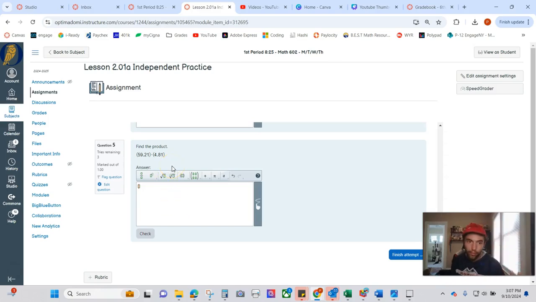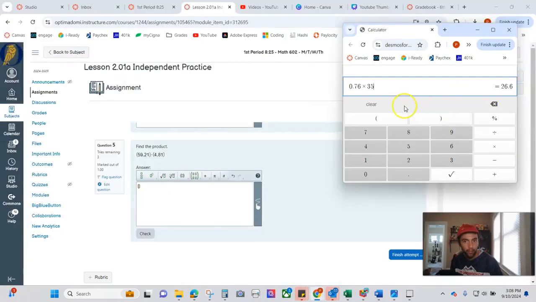Last question, question 5. I'm not going to show how to do the standard algorithm for multiplying decimals for this question. If you want a step-by-step, go back and watch question 1. All 6th graders in the state of Florida are allowed to use a calculator, specifically this calculator.